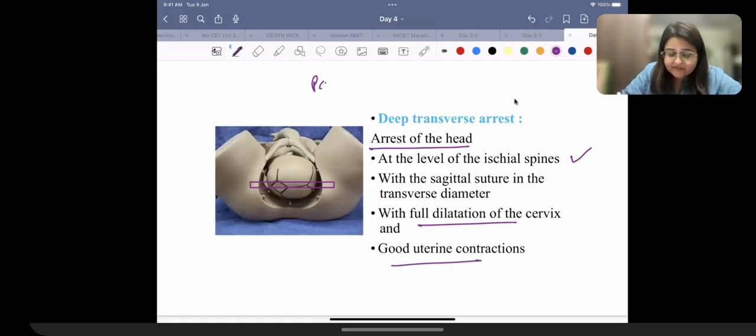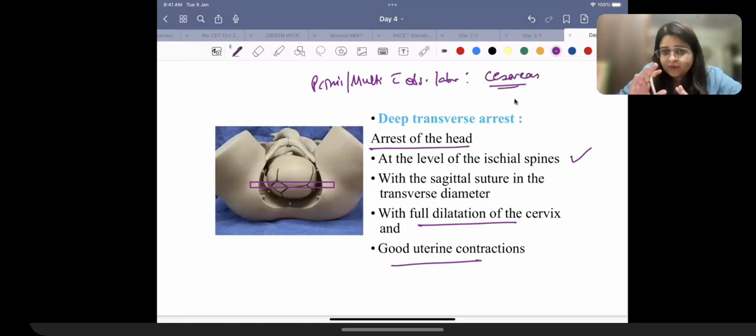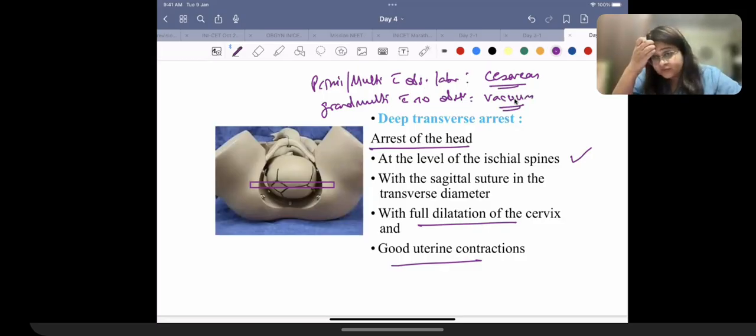Again, I will say if it is a primi or a multi with obstructed labor, what will you do? You will do a cesarean section because the problem is in the pelvis. But a grand multi will also present like this with no obstruction, then you can use a vacuum and take the baby out.